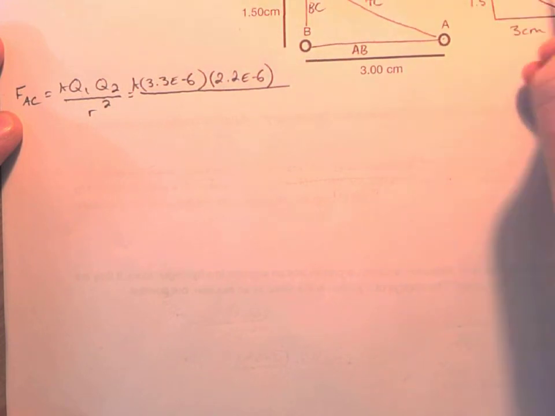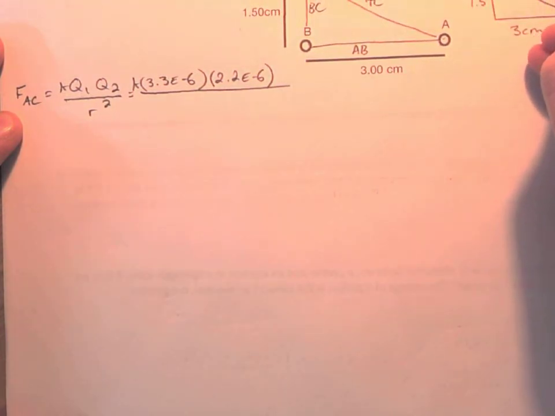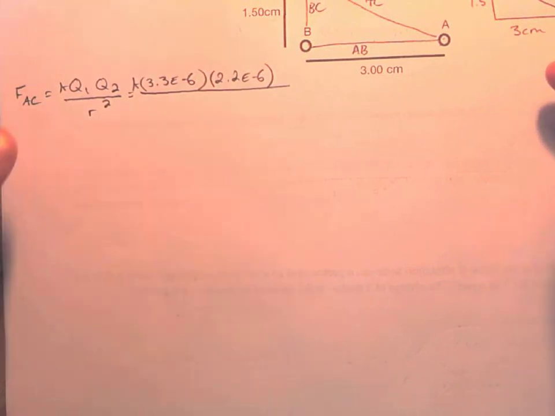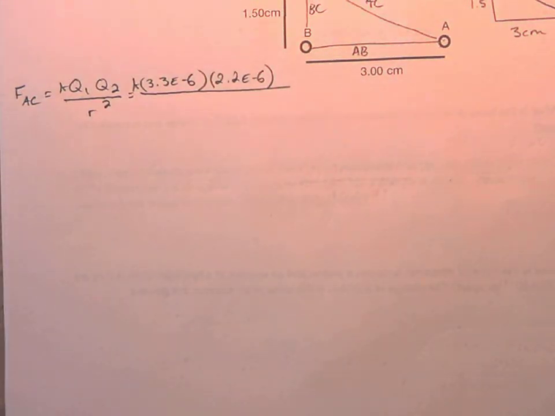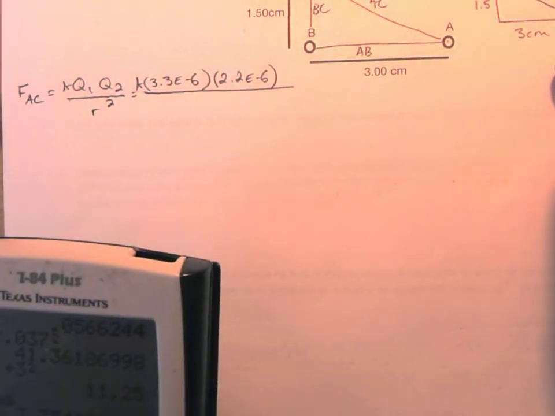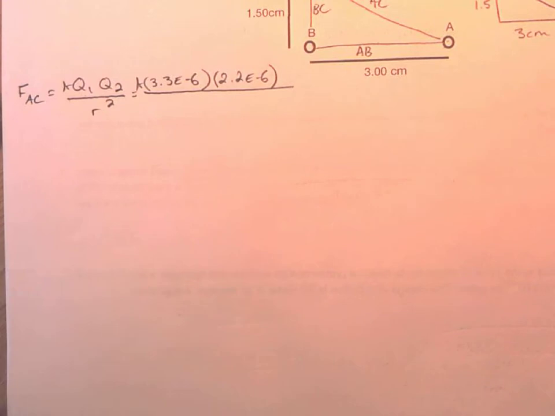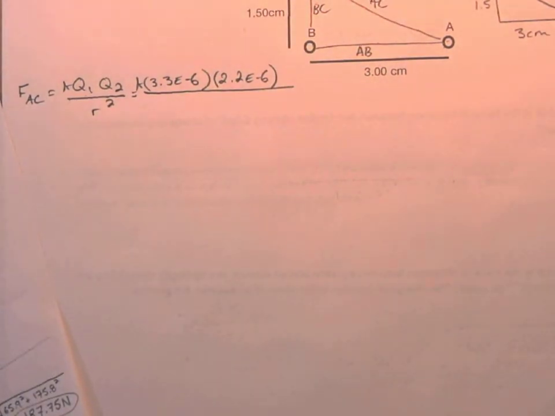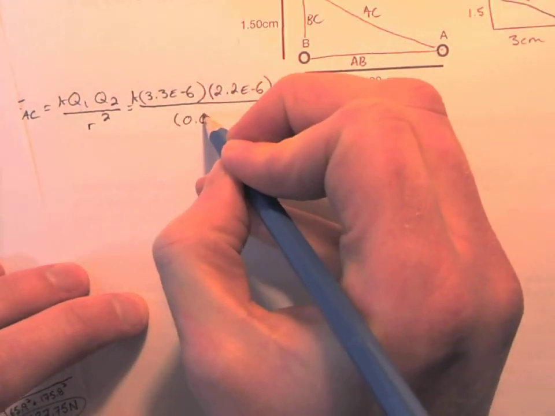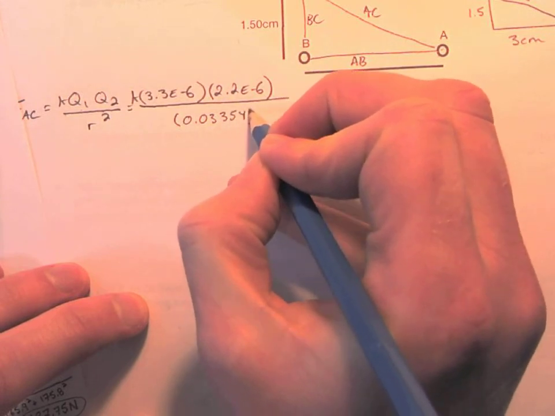So overall, if we use Pythagoras, it's the square root of 1.5 squared plus 3 squared, which is 3.354 centimeters. Okay, so that means that my R is 0.03354, squared.